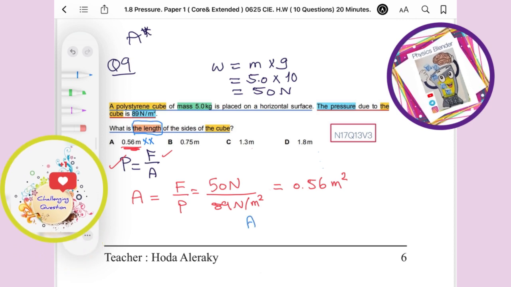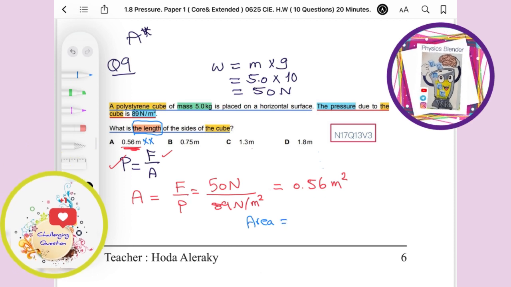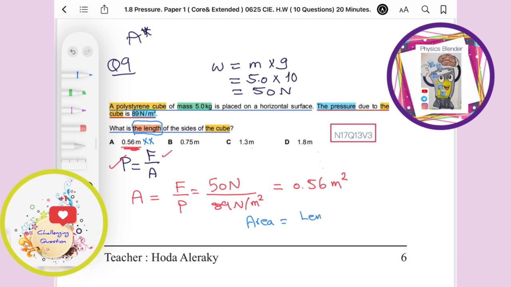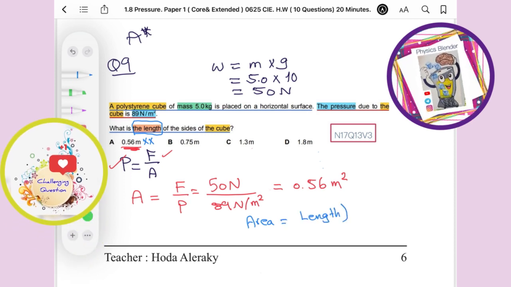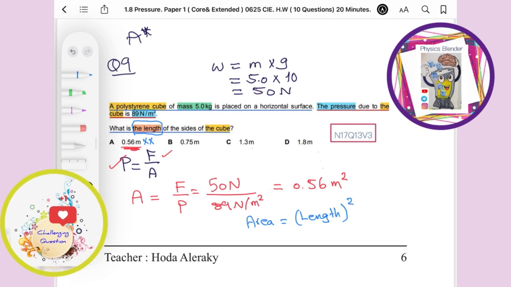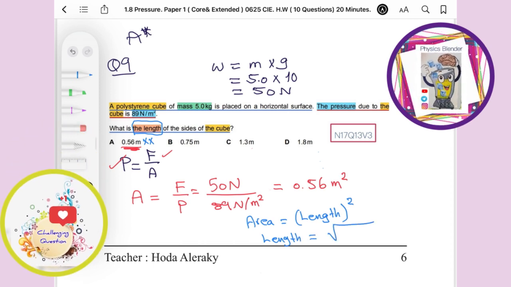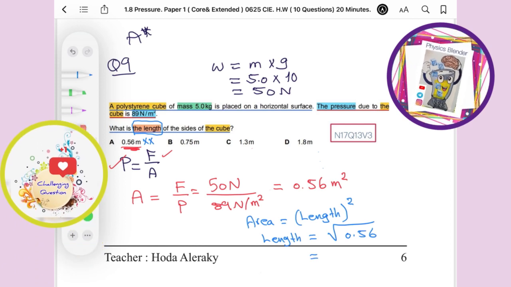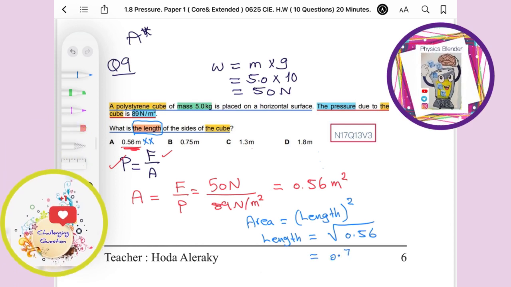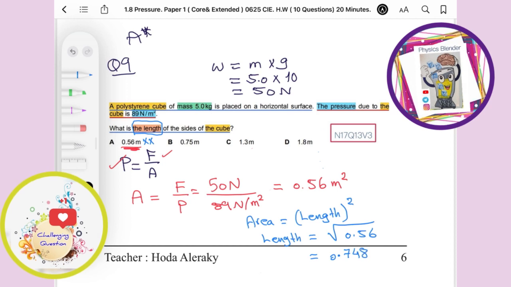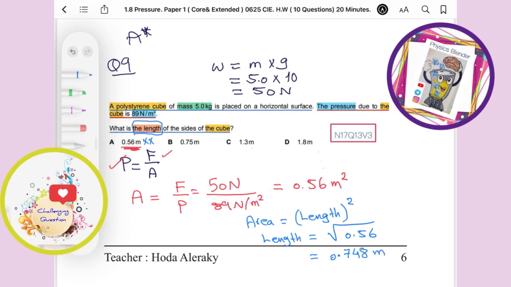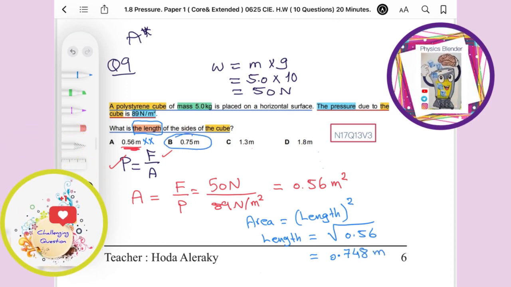So area of the cube is equal to length squared. To find length, you have to find the square root of your answer, which is 0.748 meters. So the answer is B.